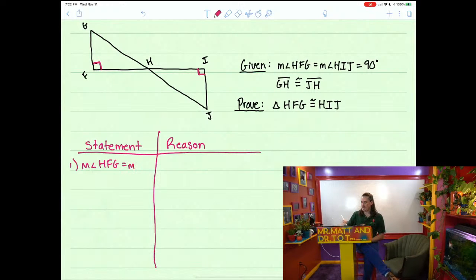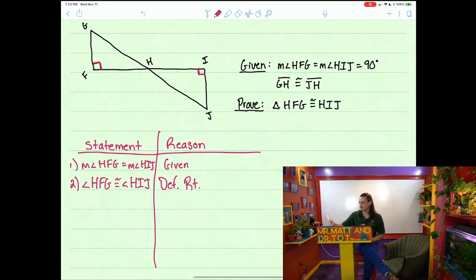So based on that, our second statement can conclude that the angle HFG is congruent to the angle HIJ because of the definition of a right angle. All right angles are congruent. And actually, I'm going to put that down here.